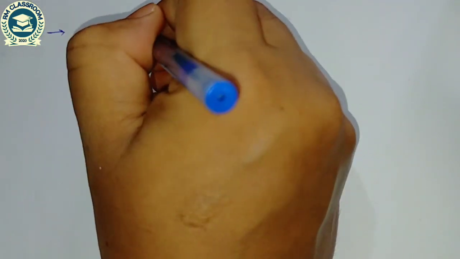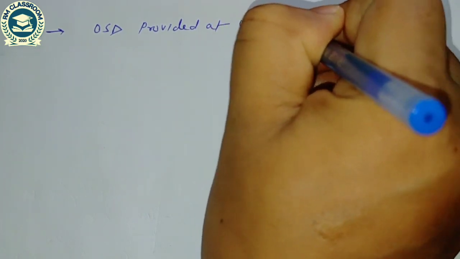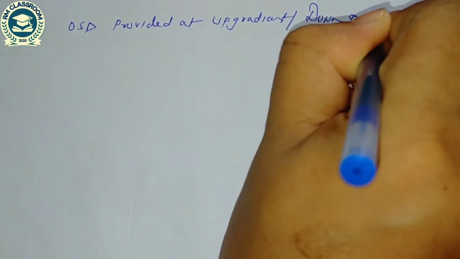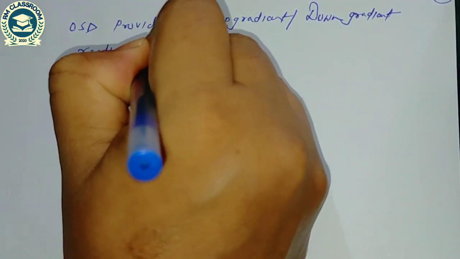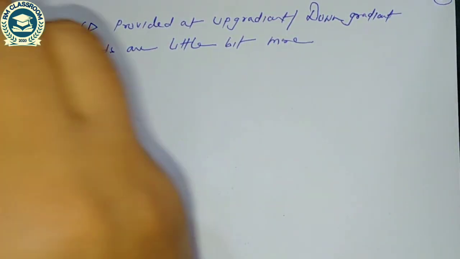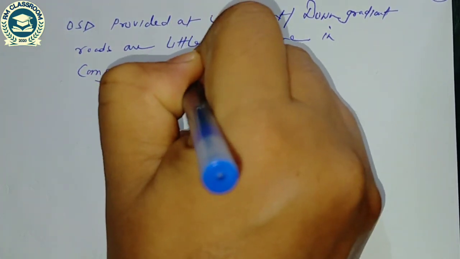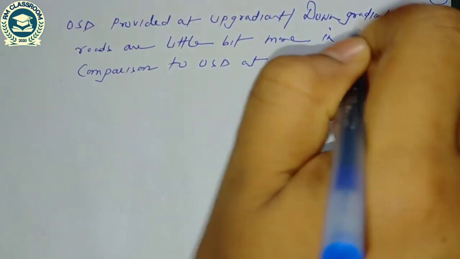But OSD provided at up gradient and down gradient roads are a little bit more in comparison to OSD at plane surface or at level road.